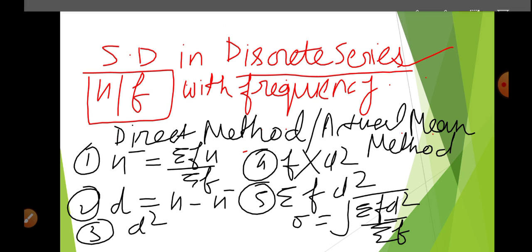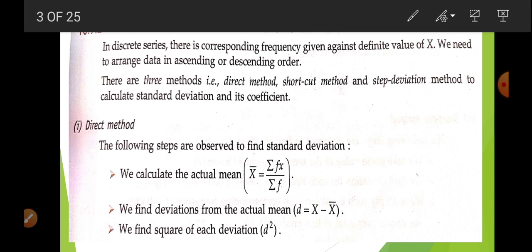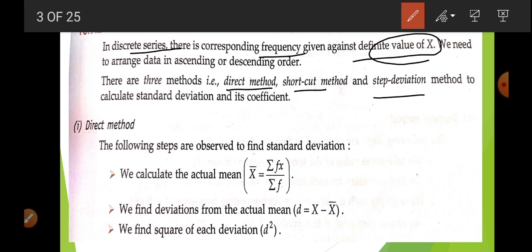So let us start. So what is written here? What is discrete series? It is a series in which frequencies are given against the value of x. Okay, now there are three methods: direct, shortcut and step. So first we are going to study direct. First of all, we are going to calculate actual mean, then deviation from this actual mean, then we are going to square this deviation.